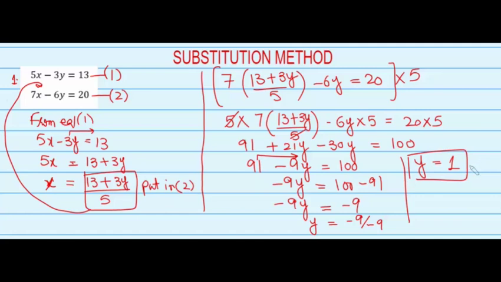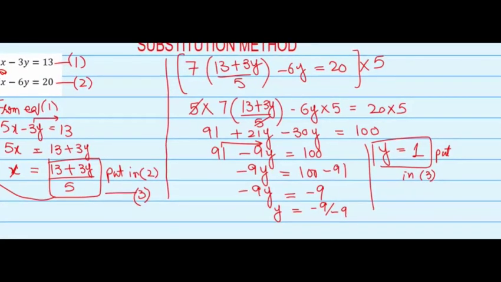So now we can put this value of y in either the first equation or the second equation. It's up to you. I think it's better to put it in this equation, say this is equation number 3, because we can find the value of x directly if we put the value of y here, right? So I'm putting y in equation 3 here. Okay, so x is equal to (13 plus 3 times y) over 5.